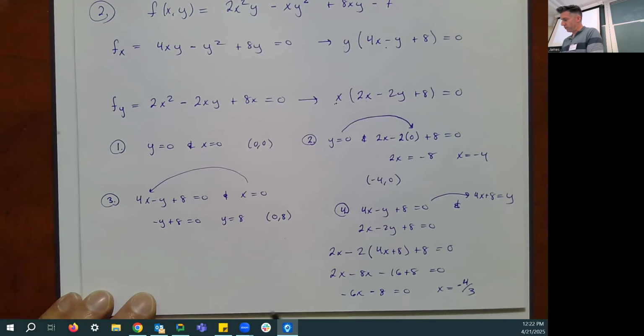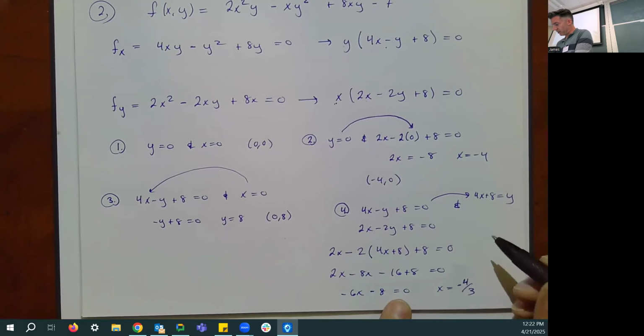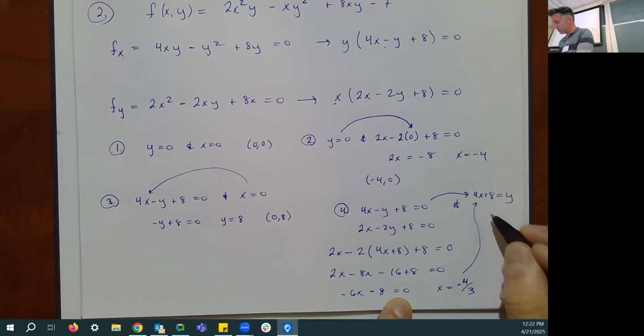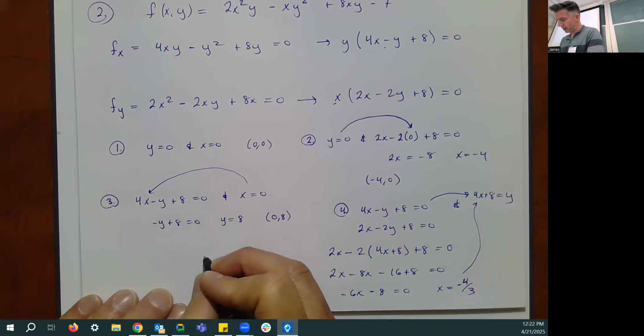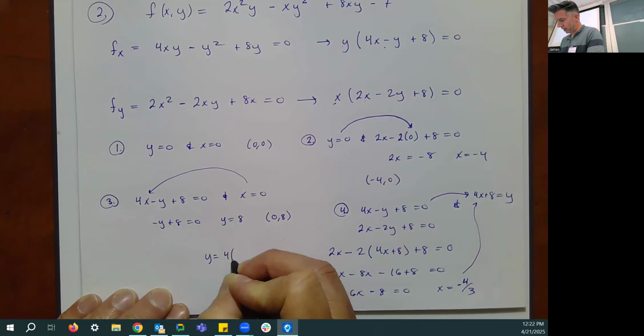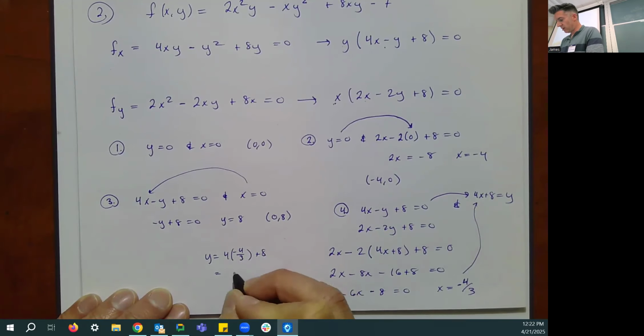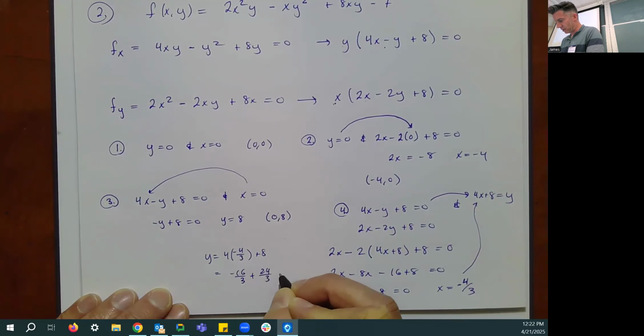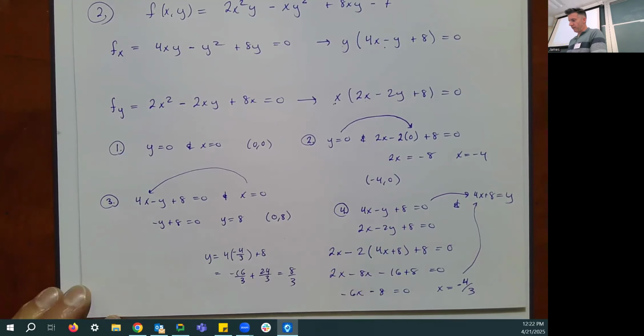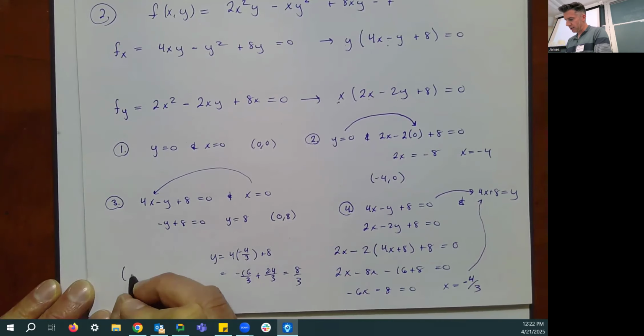So our final critical point is, oh, I didn't find the y coordinate yet. I've got to plug that back in up here: x is -4/3, then y is going to equal 4 times -4/3 plus 8, which is -16/3 plus 24/3, which is +8/3. So my final critical point is (-4/3, 8/3).